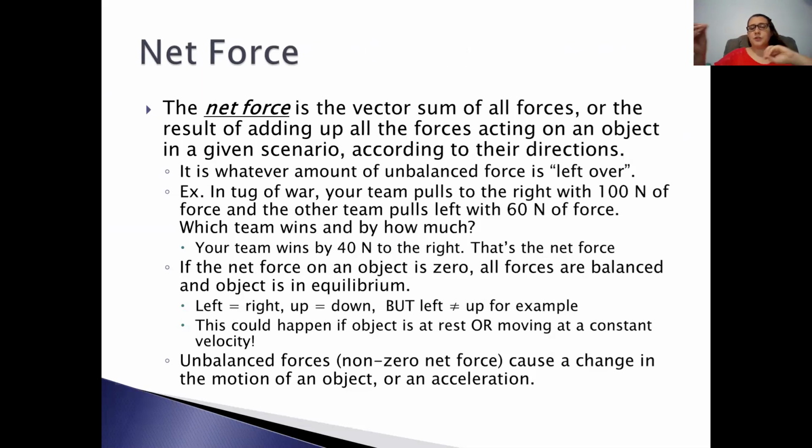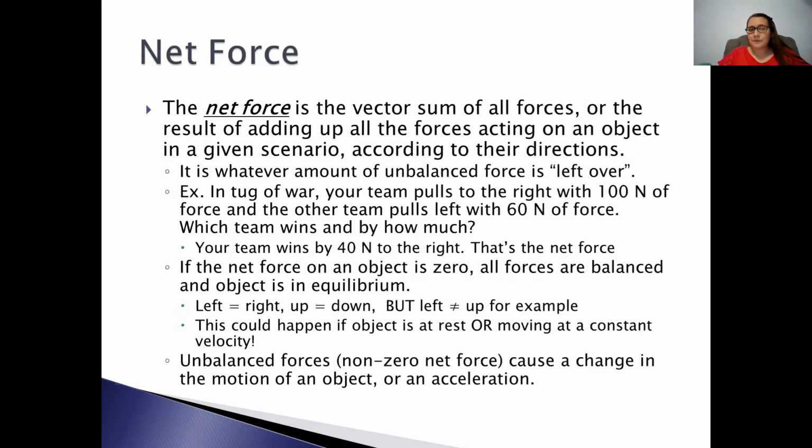The other team pulls to the left with 60 newtons of force. Which team is going to win and by how much? We instinctively know the team that's pulling harder is going to win, and they're going to win by 40 newtons. That's the difference. That's the unbalanced force. So 40 newtons to the right is the force that's left over.